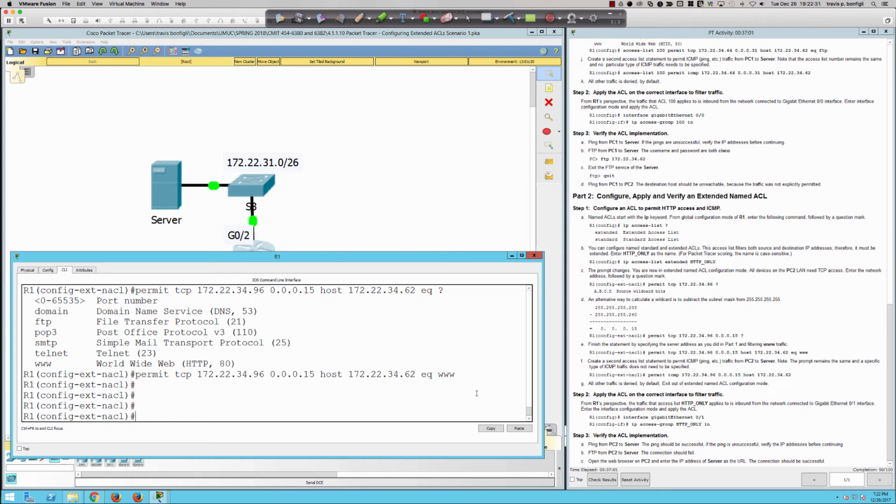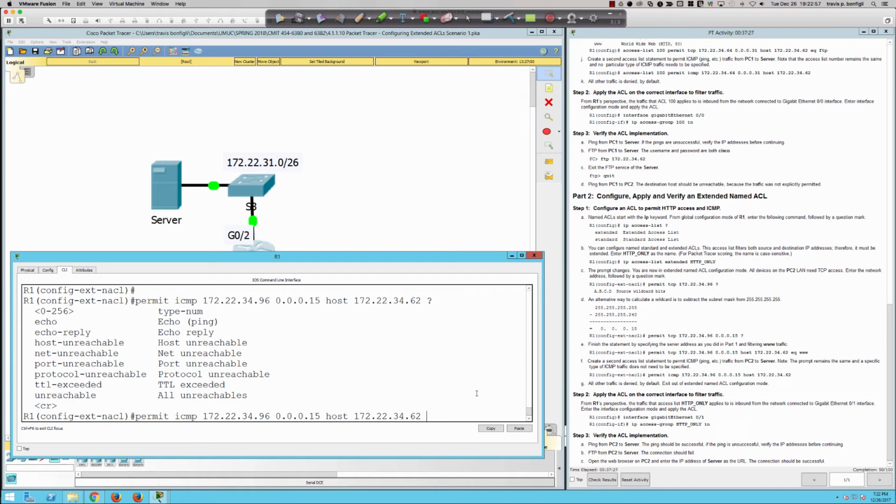So there's the first ACL entry that's going to be required. The second ACL entry, this is the ICMP one. So we're going to say permit ICMP 172.22.34.96 and again 0.0.0.15. So anybody on that subnet where PC2 resides is going to be able to ping as well as use HTTP to get to host 172.22.34.62.